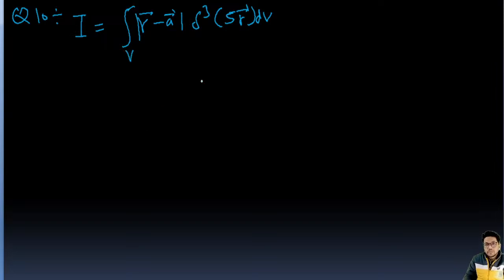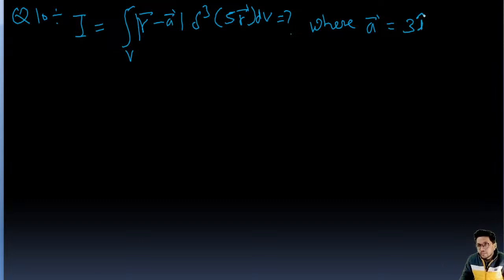Okay, this we need to find, and where a is given, this is 3 i cap plus 4 j cap. So this is given. Okay, we need to find this value.